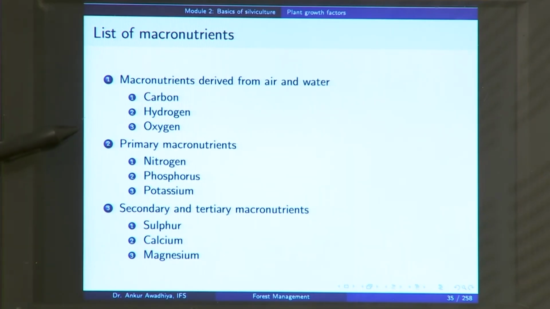Then you have primary macronutrients, which are nitrogen, phosphorus and potassium, NPK. So, when we talk about fertilizers for either silvicultural uses or for agricultural uses, we are always looking for the ratio of N, P and K in those fertilizers, because these are the primary macronutrients. Then you have secondary and tertiary macronutrients such as sulfur, calcium and magnesium.